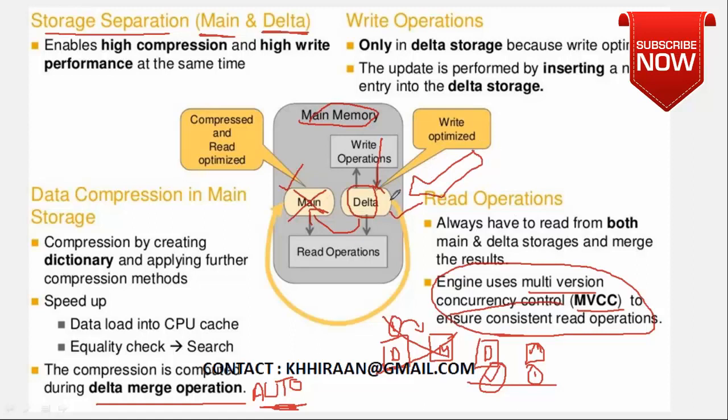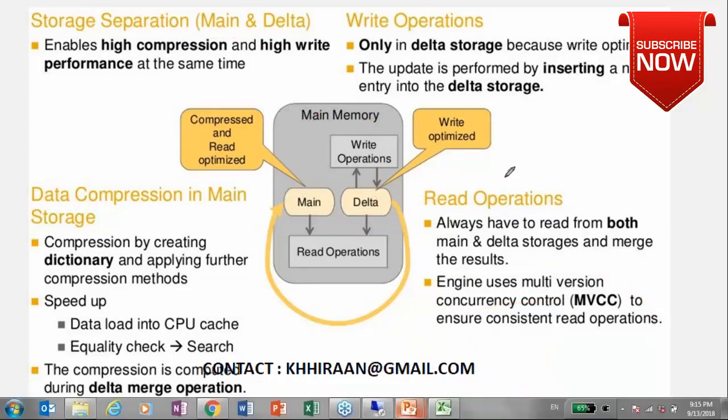Because you are reading in one storage and writing in another storage, there won't be any kind of conflict between these two operations. So this is all about your delta merge operations, right?